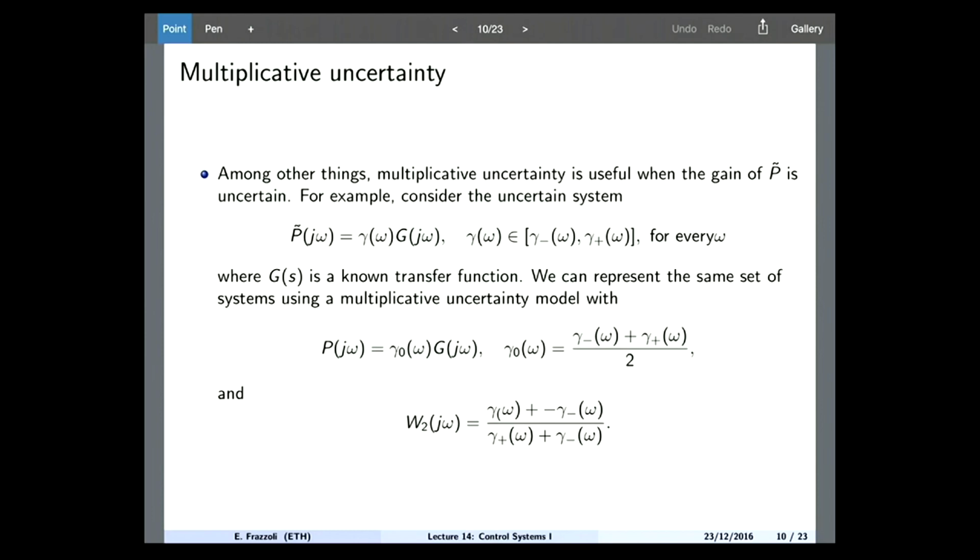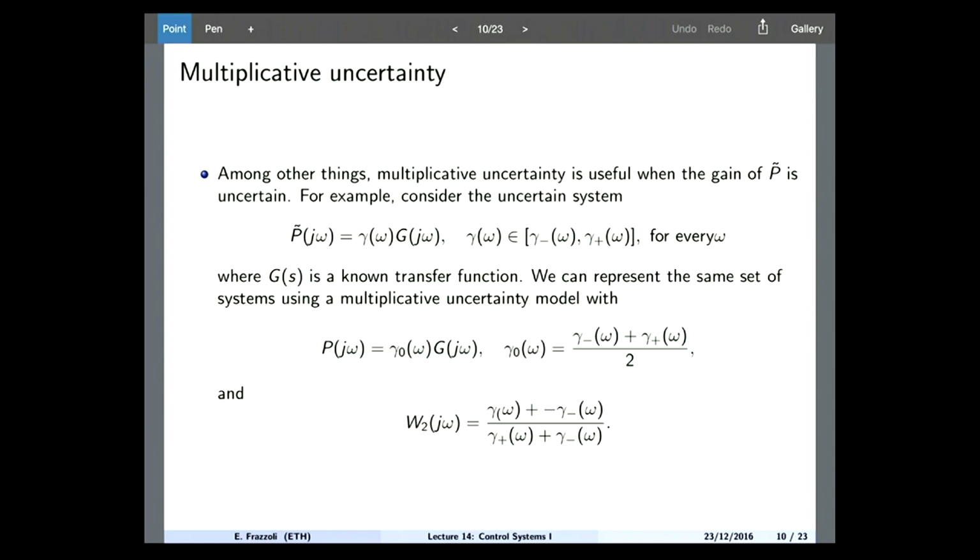So in this particular case, we know that the real transfer function, which we do not know, is given by some gamma that multiplies some transfer function G that we know. We do not know what gamma is, but we know that gamma is between two numbers.